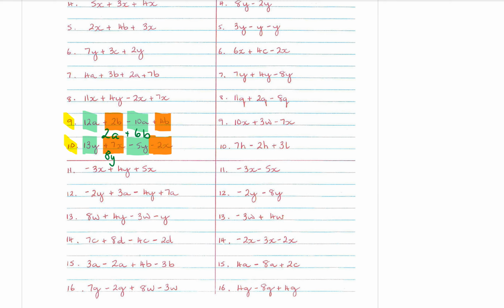Don't forget that minus sign there. 7 take away 2 makes 5, a positive 5, which means we want a plus 5y. Sorry, not 5y, 5x. Okay, so we don't want to collect those up any further because x's and y's are different. We can't collect them anymore. So that is as far as we can go.